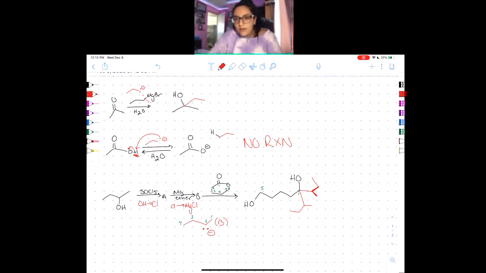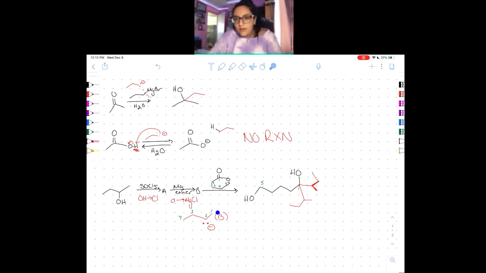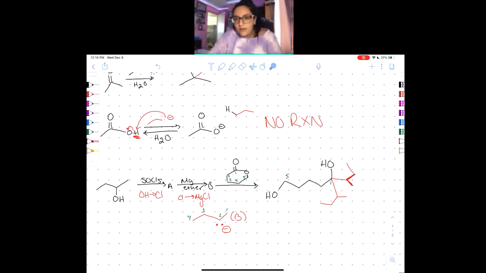So yes, exactly. Technically, this is a type of reduction, because this carbonyl is being reduced. But if we were doing just a regular old plain reduction with LiAlH4, we would replace the alkyl groups with hydrogens. You are absolutely correct. I'm so glad you made that connection.